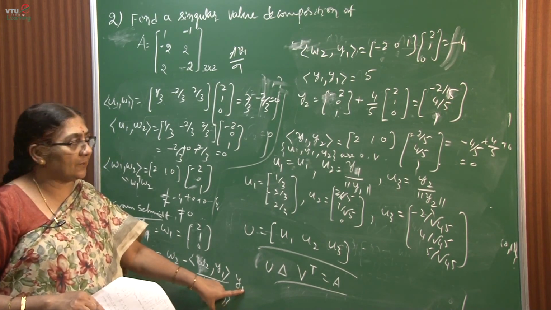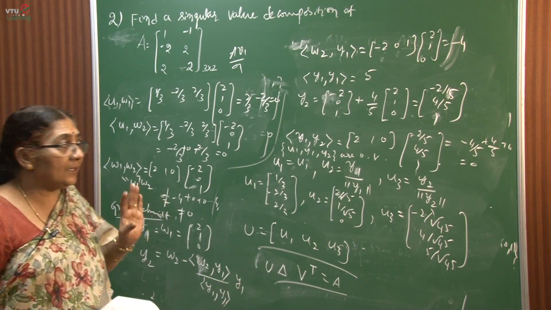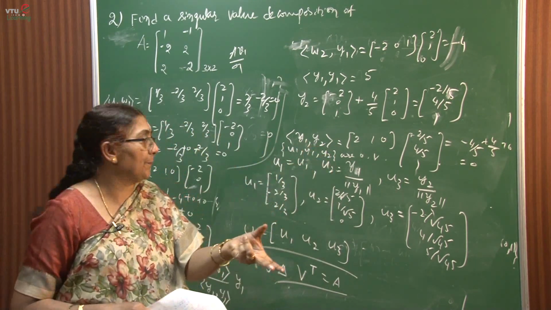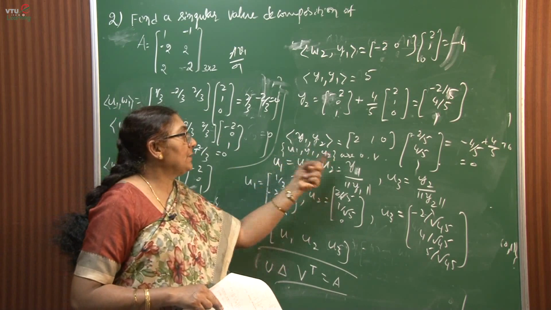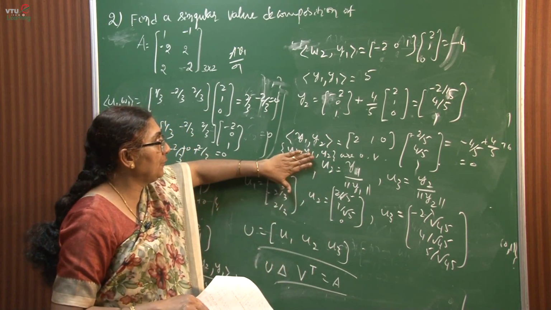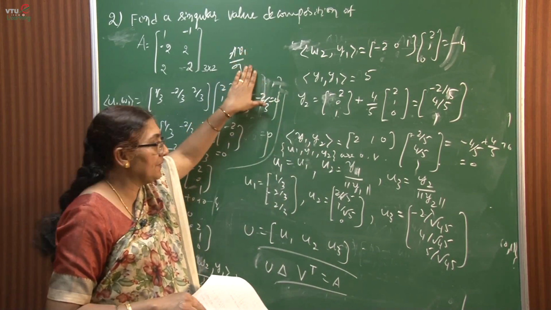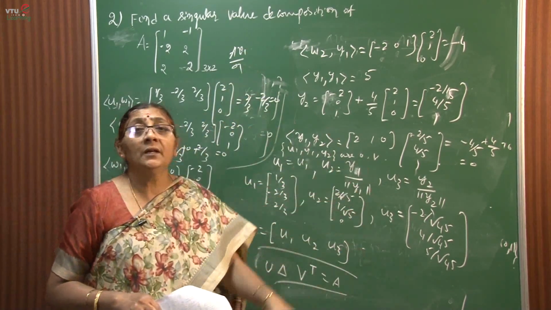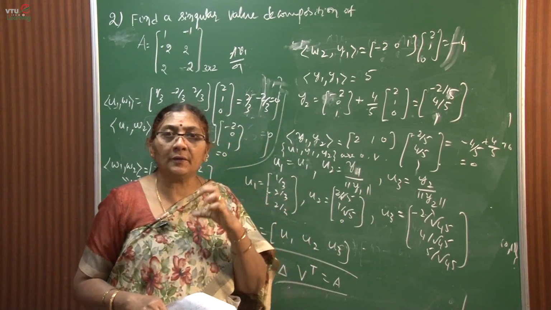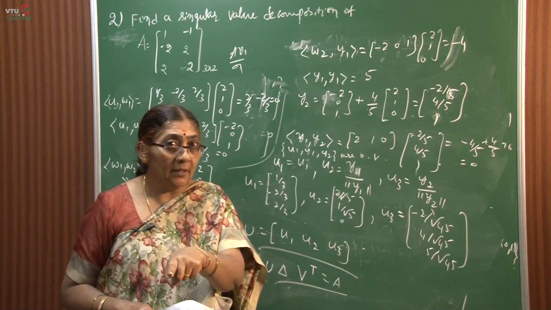Using the Gram-Schmidt process, you get y1 and y2. Find the inner product of these two, it is definitely 0. Now these vectors are orthogonal. U1 we find using the formula AV1 by sigma 1, and the other two we find from Gram-Schmidt.